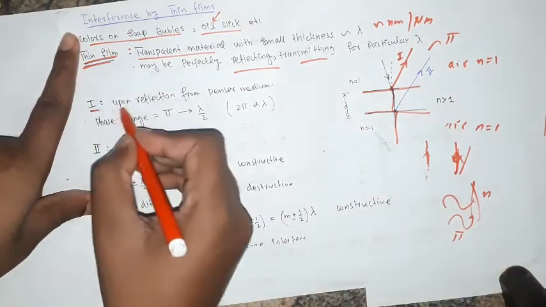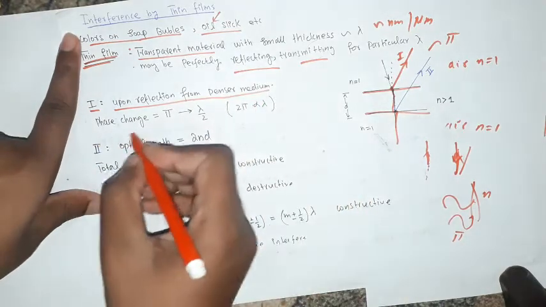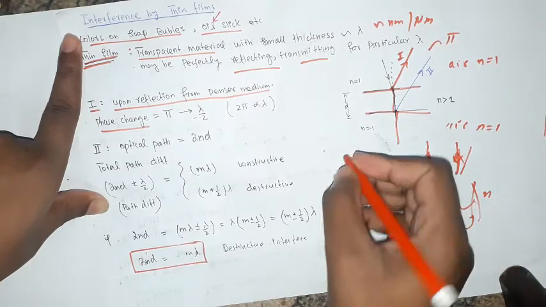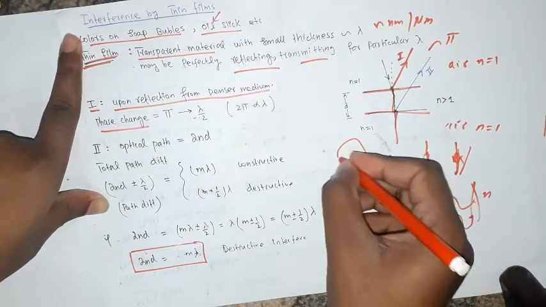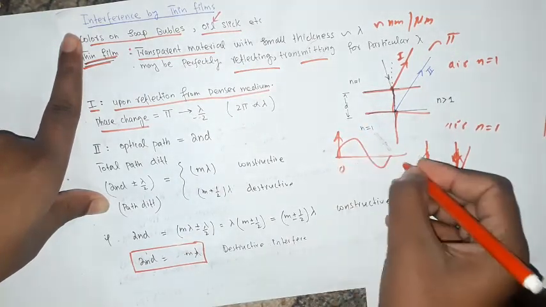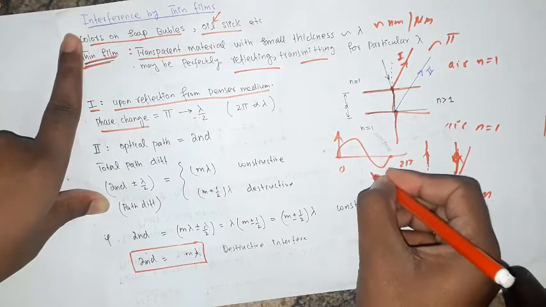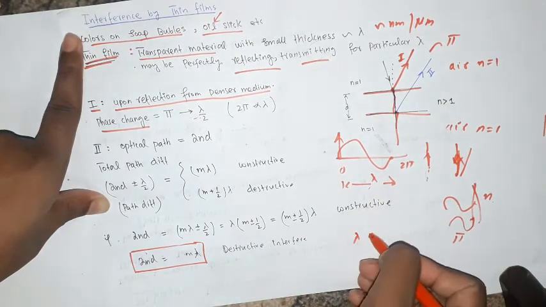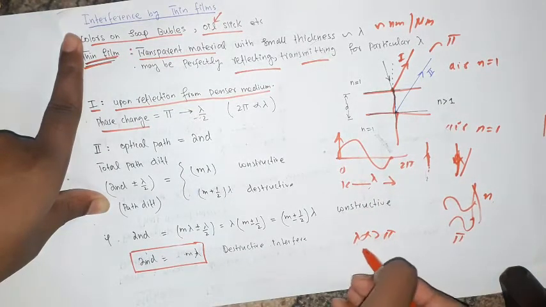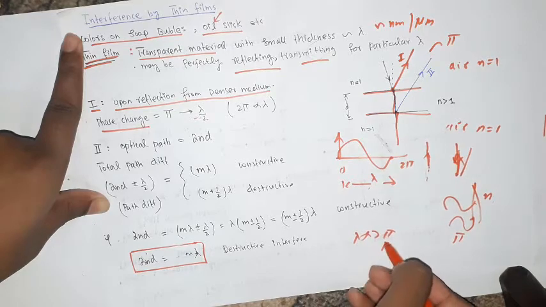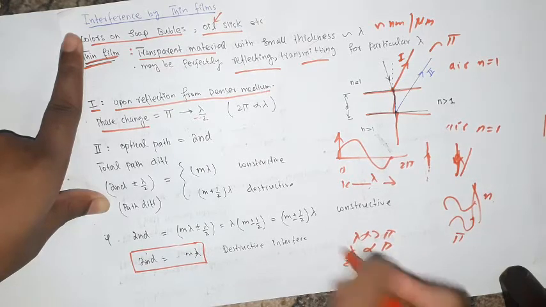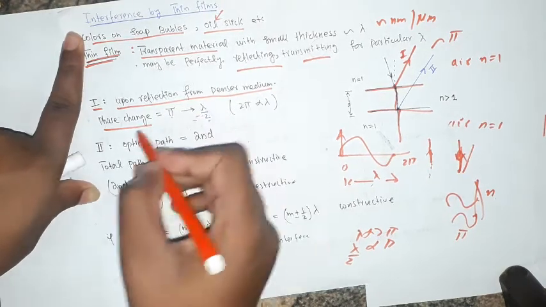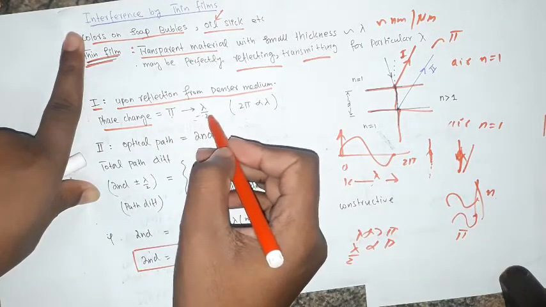So ray 1 upon reflection from the denser medium has a phase change of pi, and this phase change of pi corresponds to lambda by 2. This is one complete wave, from 0 to 2 pi, known as lambda. So lambda is proportional to 2 pi, and similarly a phase change of pi is proportional to lambda by 2.